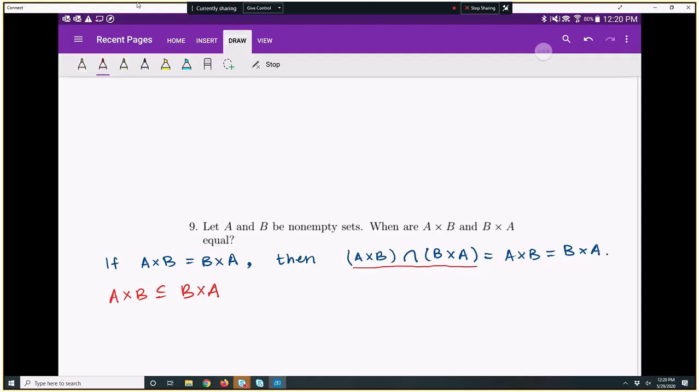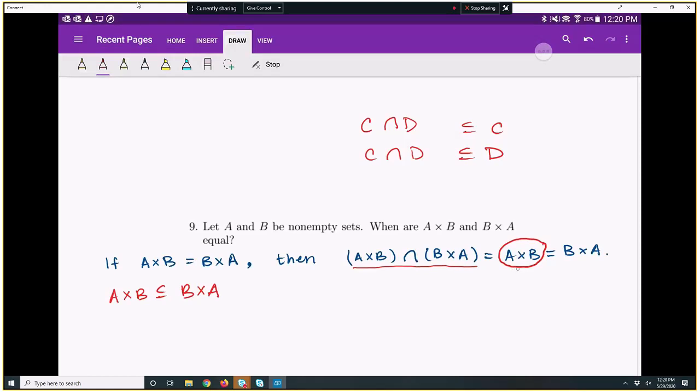Well, the intersection is A cross B. And the intersection is always a subset. So if I had two other sets, let's say I have C and D, then the intersection of C and D is always going to be a subset of C, and the intersection of C and D is always going to be a subset of D. So we just know that from our section on intersections and unions.